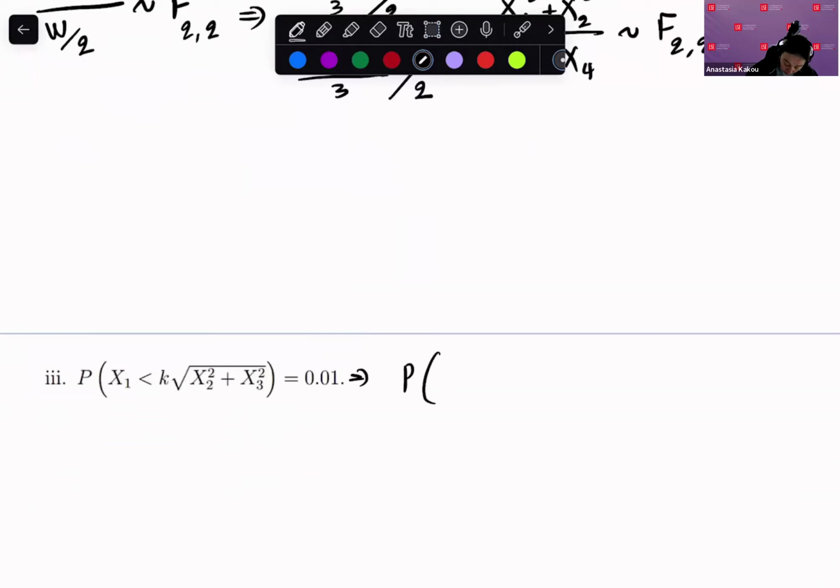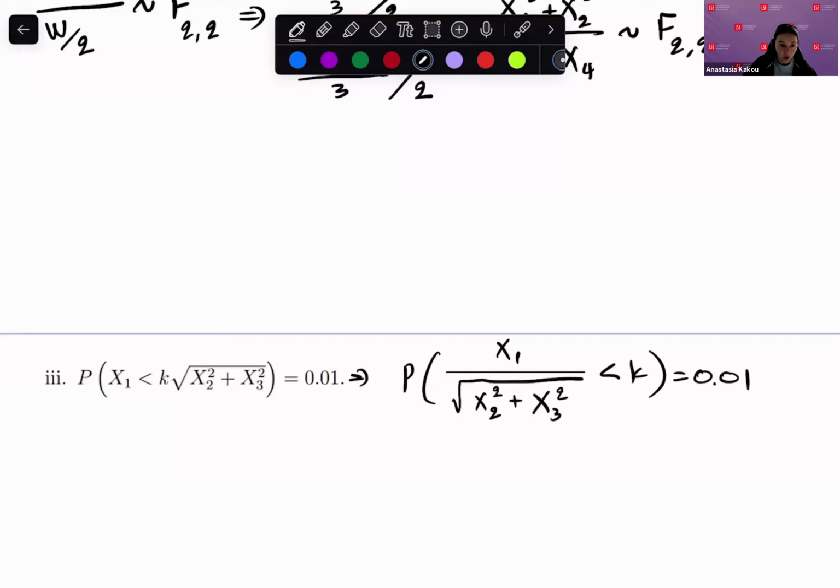So you have the probability of x1 over the square root of x2² plus x3², okay, being less than k.